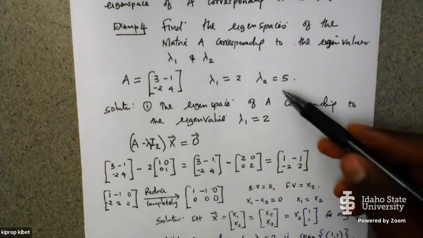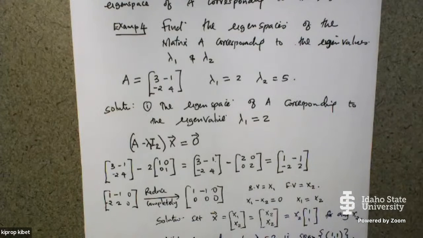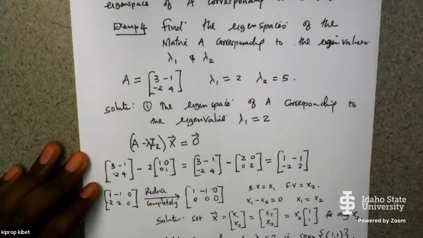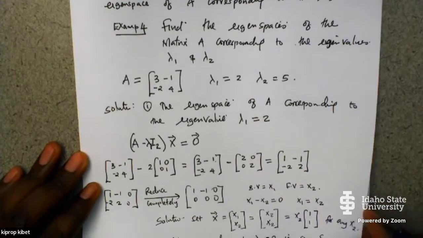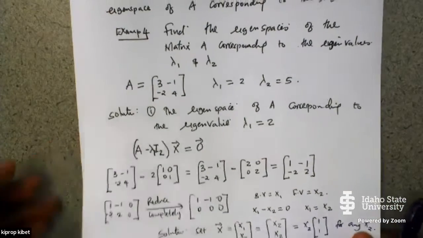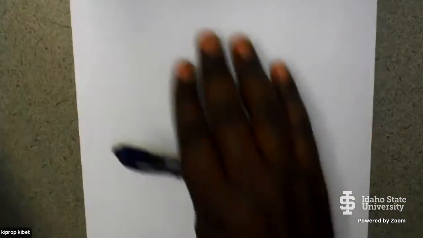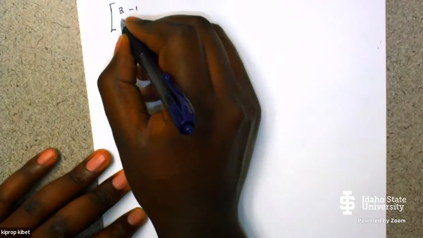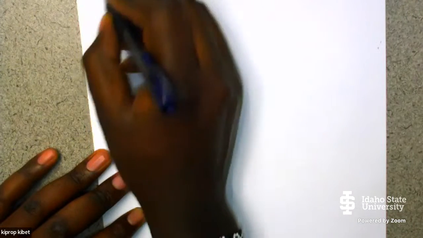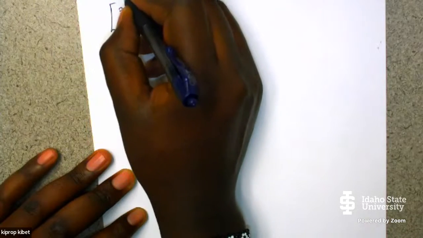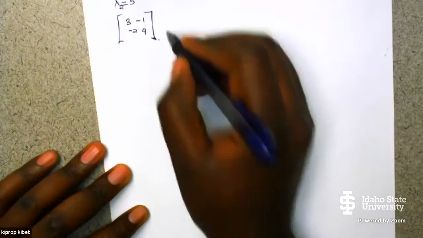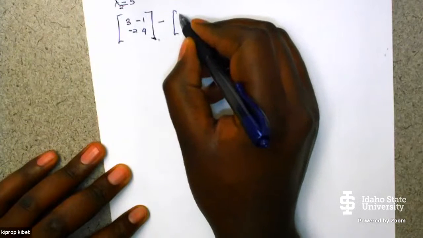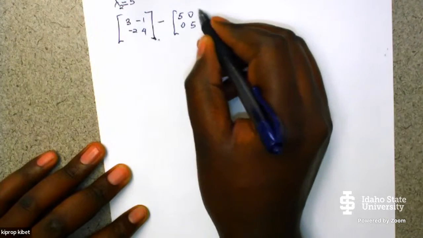Now, what about when lambda equals 5? You do it the same way. So in this case, we want to get the solution for 3, -1, -2, 4 minus 5, 0, 0, 5 when lambda 2 equals 5.